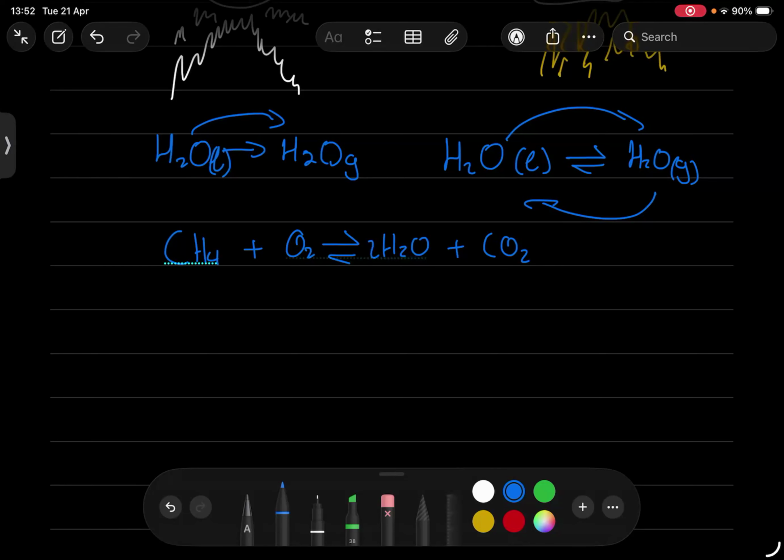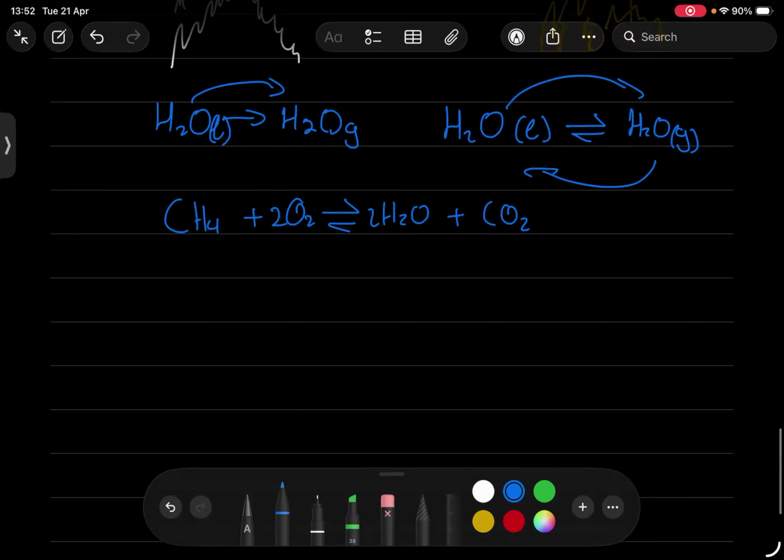Perhaps 2 here, and 2 plus 2 is 4, and you're going to have 2 here. Do you see this carbon dioxide? It is escaping the container. It means that this reaction occurs in an open system, because the gas is escaping the container, and that reaction is only one way, right?